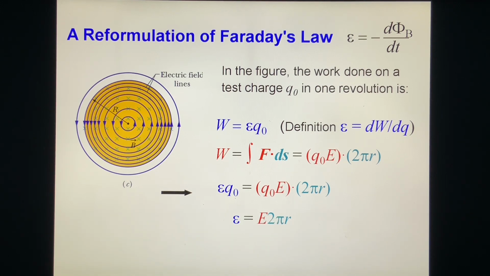And we write this equation as epsilon equal to the integration of E dot ds. Of course, this extends the concept. So electromotive force epsilon equals the integration of E dot ds around the loop. Okay. That's the new concept.